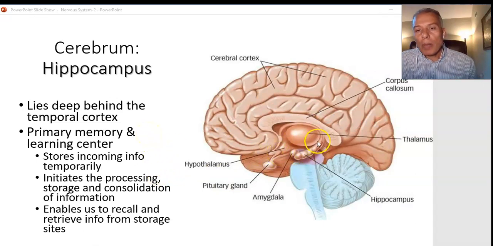The hippocampus here is responsible for processing of memories, processing of information, and sorting it out in terms of memory storage. The hippocampus is located beneath, in the temporal cortex, temporal lobe, behind the medial temporal gyrus.